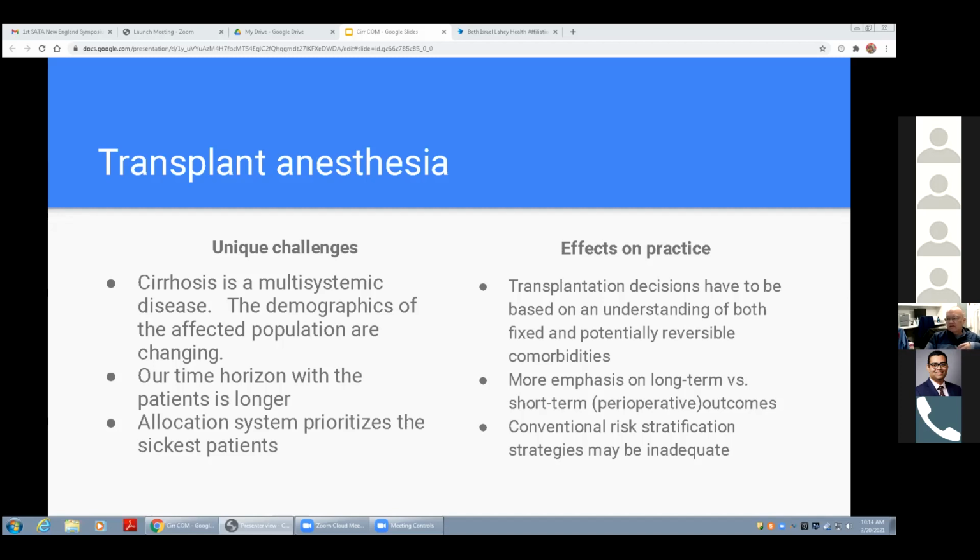And because the allocation system already prioritizes the sickest, highest risk patients, we have to rethink preoperative strategies that focus only on establishing the upper limits of disease severity that preclude transplant. In other words, we need to think about delisting criteria, which we definitely have for something like portopulmonary hypertension, and we're starting to formulate for things like acute on chronic liver failure. We need to change how we think about their comorbidities preoperatively, especially because a lot of what makes them so sick when they present to us will or should go away as they get a transplant.